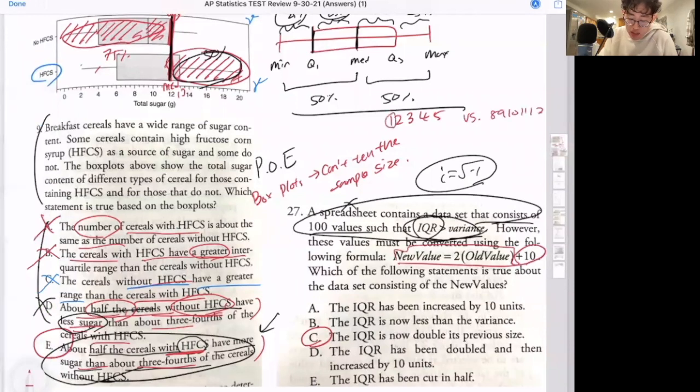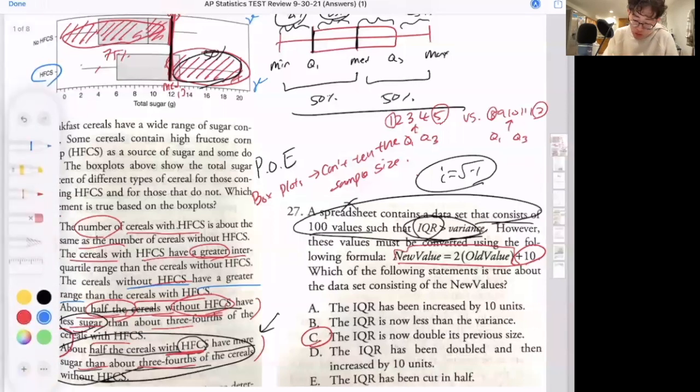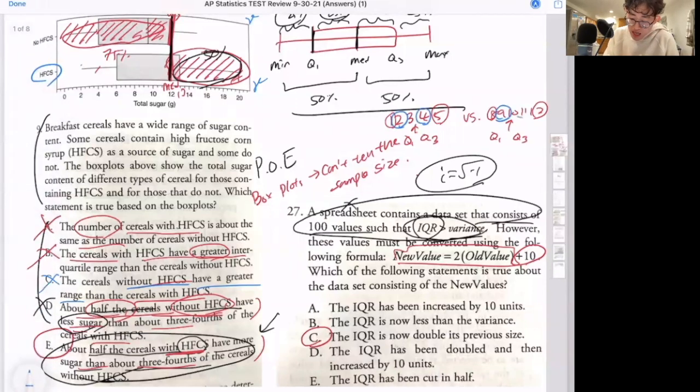The lowest and the maximum each got added by 7. The median will also get added by 7, and Q1 and Q3 will also get added by 7. If you find the difference between these two, like 2 and 4, 9 and 11, the difference of this is 2, the difference of this is 2. IQR doesn't change just because you add a number to the data set. So that is complete rubbish.